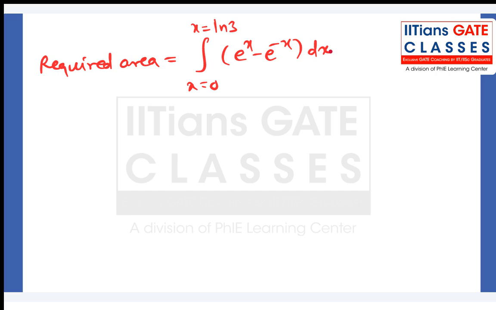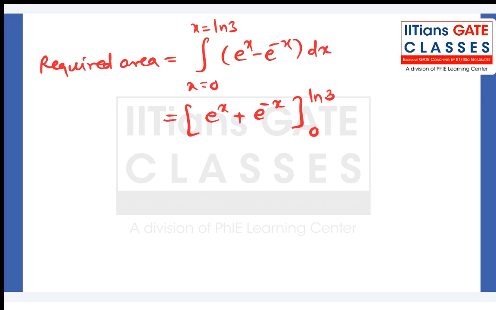Okay, so the integration of e power x is e power x only, and the integration of e power minus x will be minus e power minus x, so that becomes minus minus plus. Okay, x goes from 0 to ln 3.